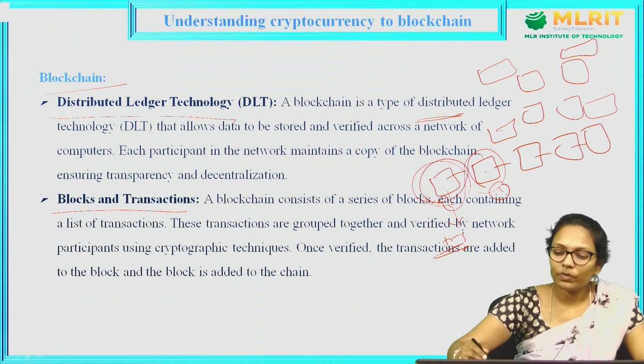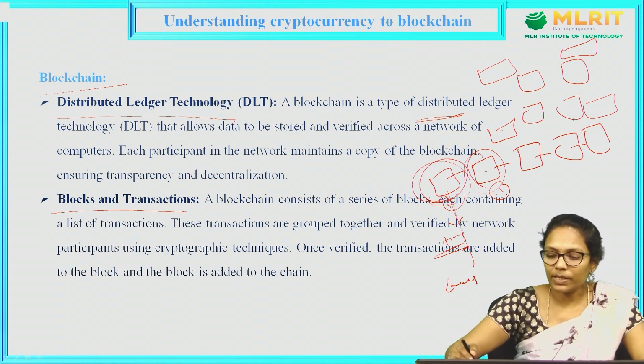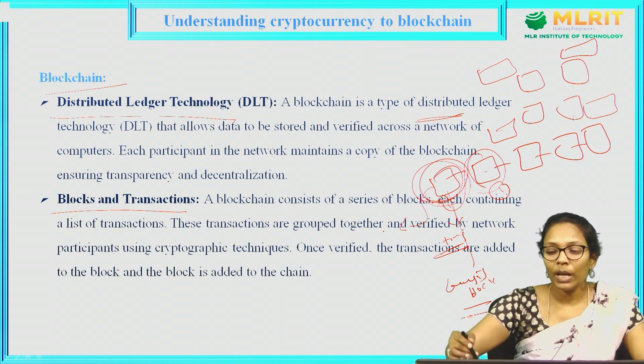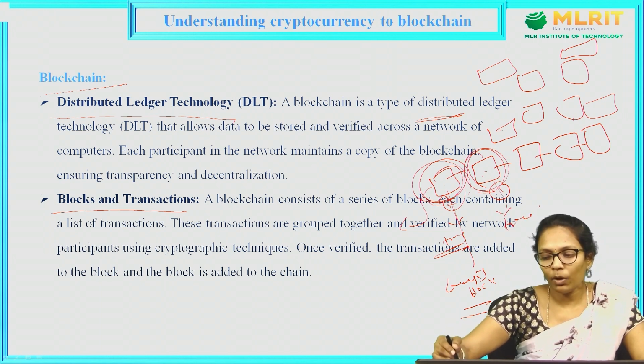The first block of the network is called the Genesis block, which we discussed in the previous video. It doesn't have any previous block address because it doesn't have any previous block. But to calculate the hash of any other block, it needs to use the transaction data of the current block and also the hash of the previous block.